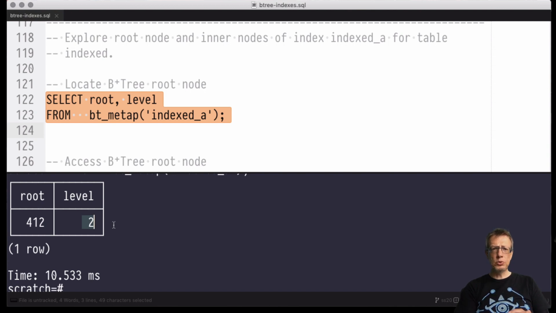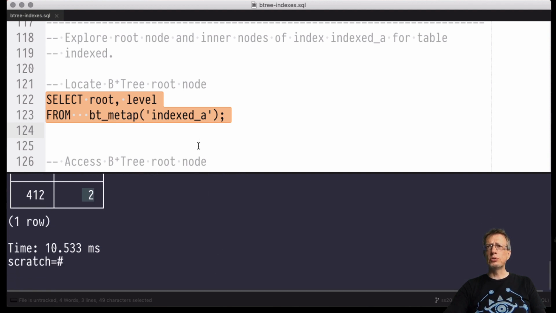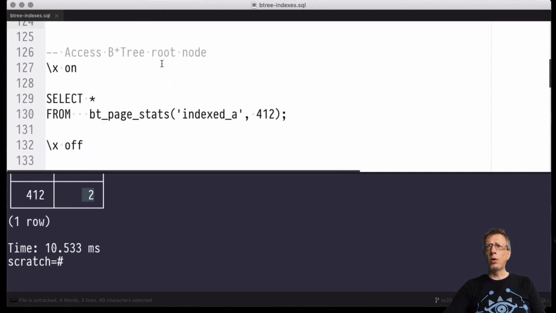It's a B+Tree over 1 million entries, 1 million rows, and our back of the envelope computation on the piece of paper just told us that this is the expected depth of a B+Tree over a table of that size. Okay, I think that makes sense. So let's access the page 412 that holds the information about the root node.